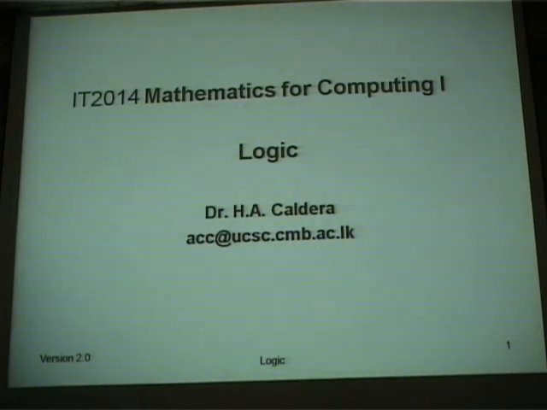Whereas in your school time you learn the real number set. So for 13 years you learn the real number set. There the object you handle is real numbers.